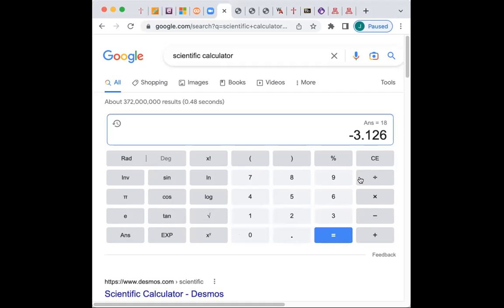Yeah, I don't think you squared it. Oh, you're right, I didn't square it. The second power divided by negative 3.126, the second power.